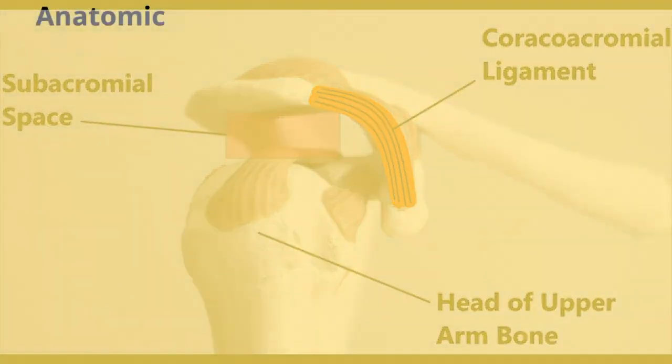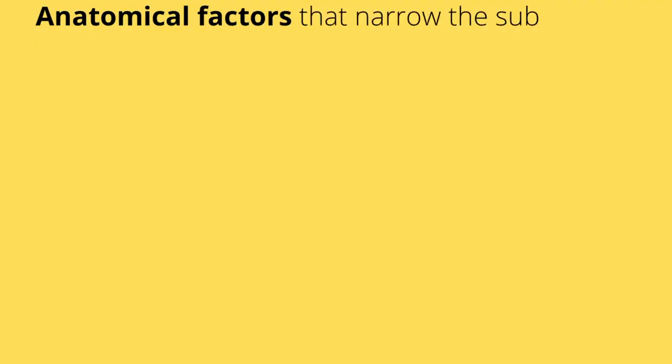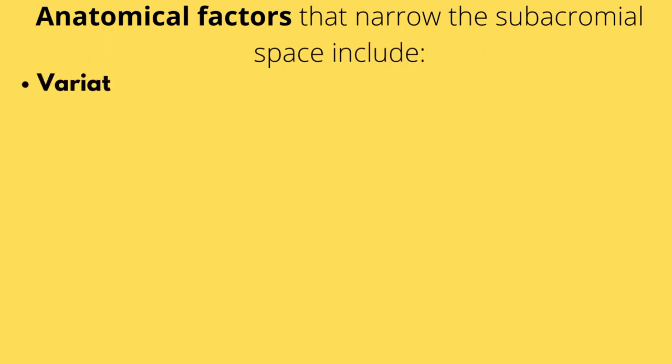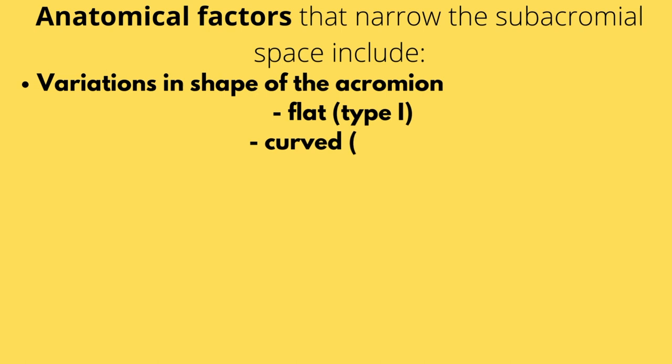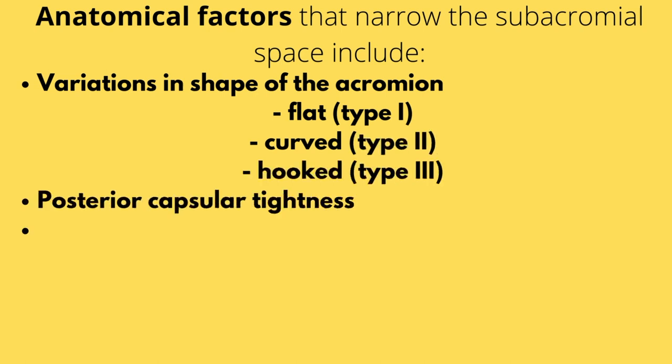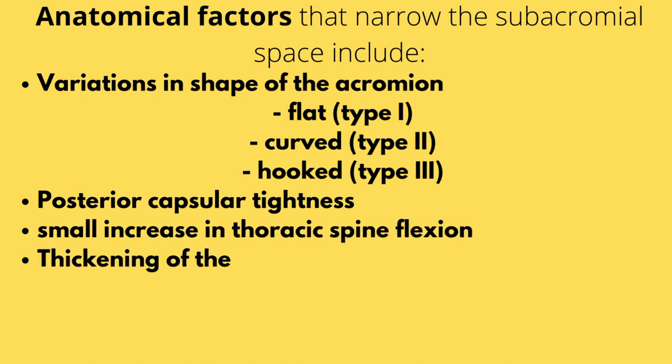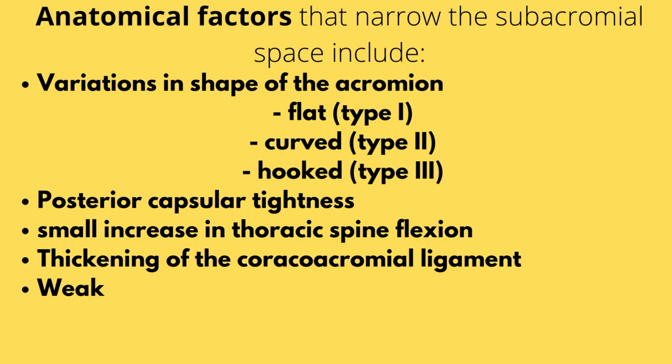In the chronic scenario, things get a little bit more complex because now we have many different factors. Yes, overuse is one of those factors and is the one that is more commonly understood, but there are also other factors. They are a little bit more tricky. For example, we have variations in the shape of the acromion.